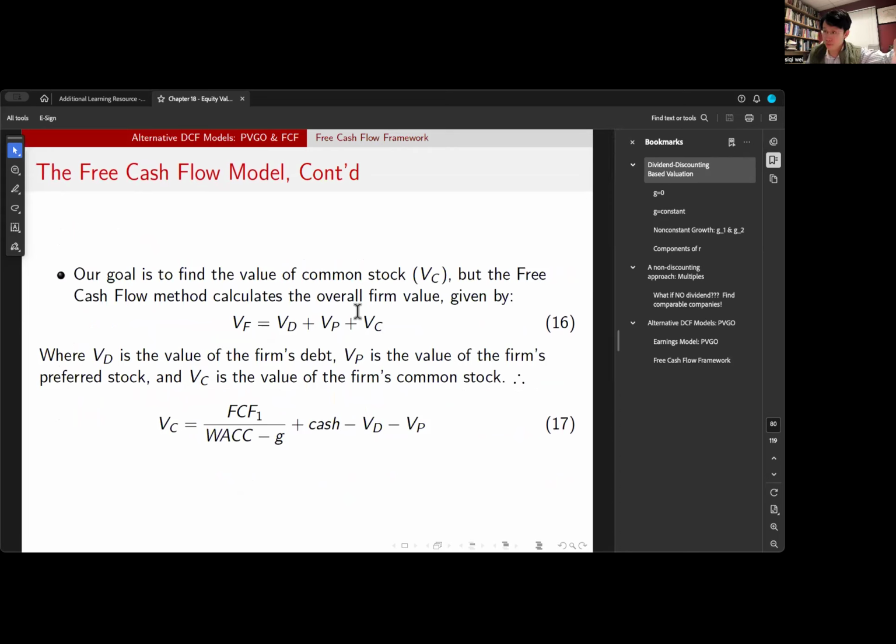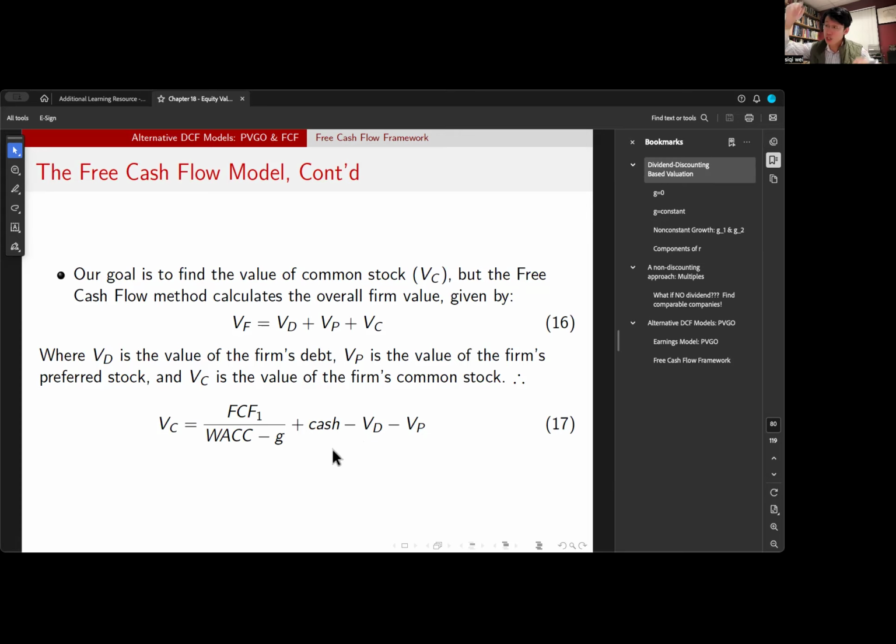Now we just need to back out the value of common equity, and that is the difference between the firm value and the firm liability, and of course, the preferred stock.